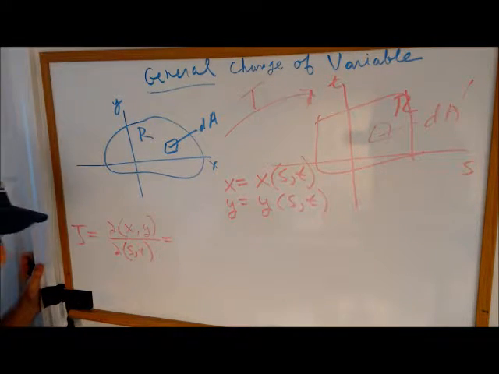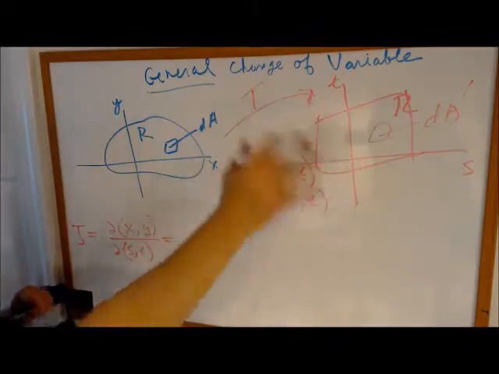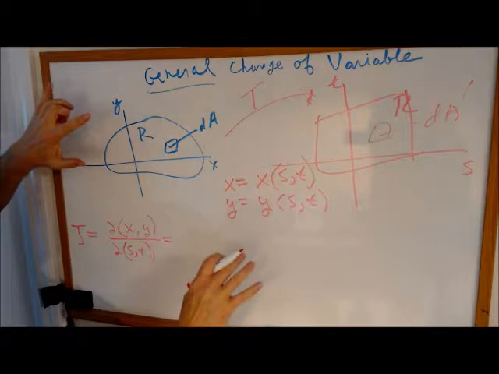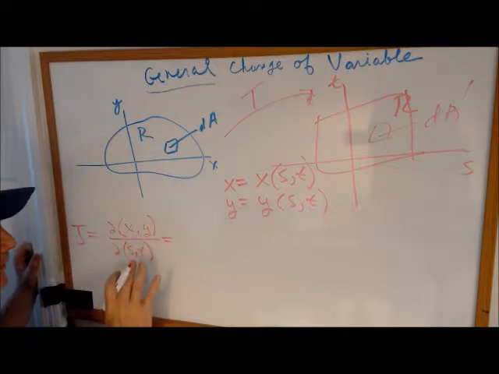What it's equal to is the determinant of a 2 by 2 matrix. Now it's 2 by 2 because we're working in the plane. This theory also works in space, so in space it would be a 3 by 3 matrix. But here in the plane we're going to work with a 2 by 2 matrix.